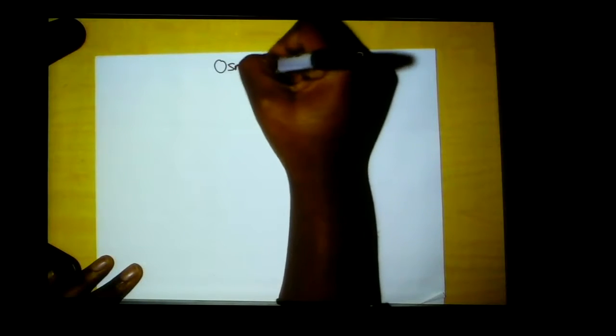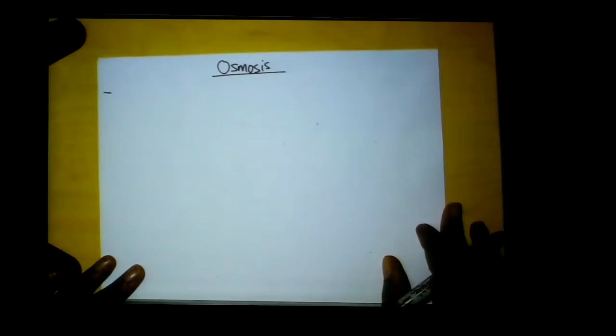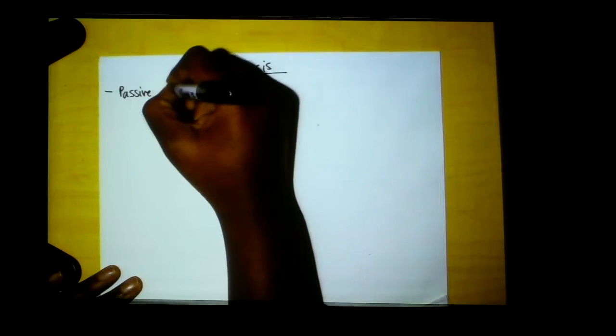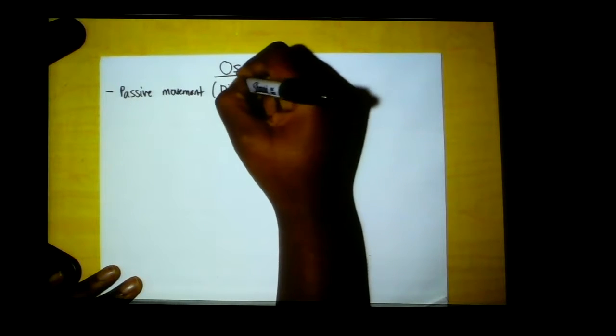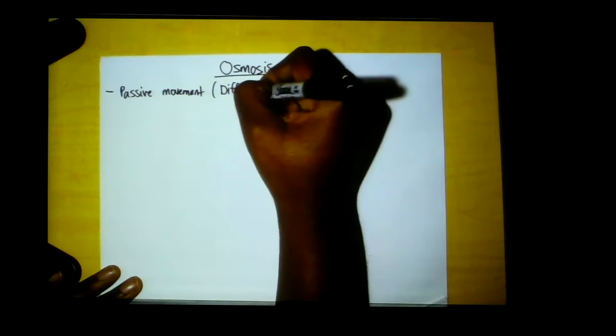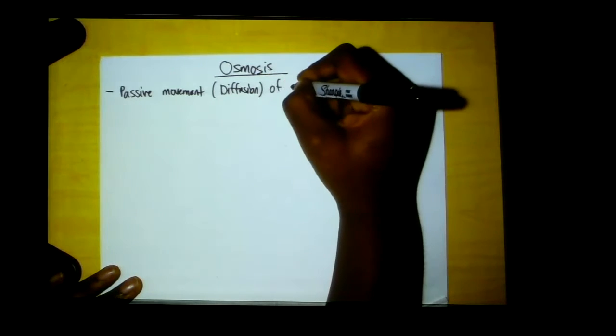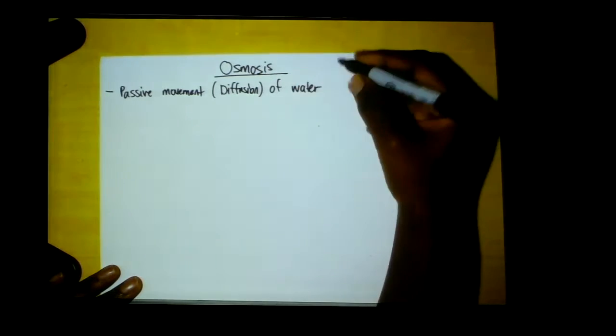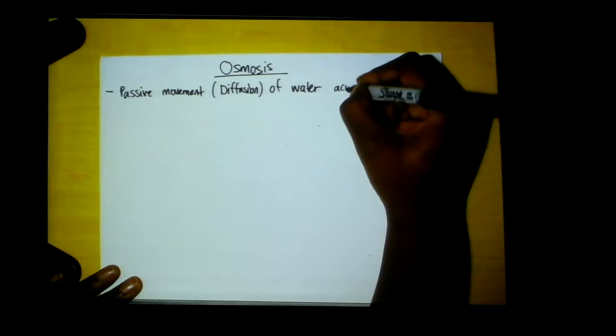All right, so we're speaking about osmosis here. And we know that osmosis is the passive movement, also called the diffusion, of water across a membrane.